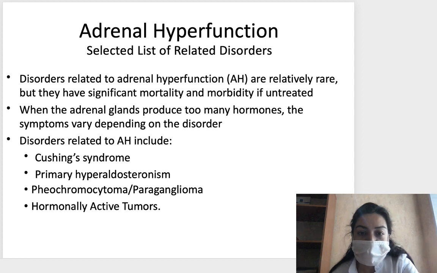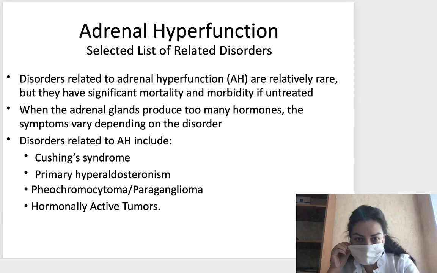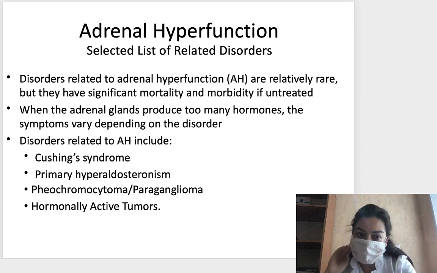When the adrenal glands produce too many hormones, the symptoms vary depending on the disorder. Disorders related to adrenal hyperfunction include, most often, Cushing's syndrome, and more rarely primary hyperaldosteronism, pheochromocytoma, paraganglioma, and hormonally active tumors.